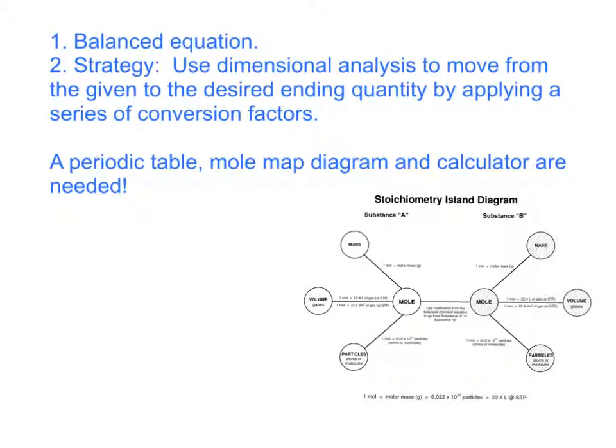It always involves applying a series of conversion factors, multiplying by a series of fractions equal to 1. To pull off these problems, you're definitely going to need a periodic table. You are probably going to want that mole map diagram like I have shown here, which is inside of the front cover of your packet, and you're absolutely going to need a calculator to work them out when you're done. So get those things together and let's work out some example problems.